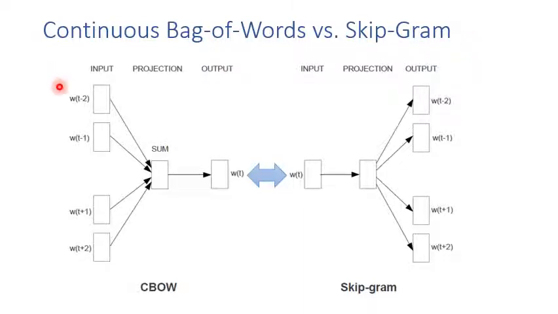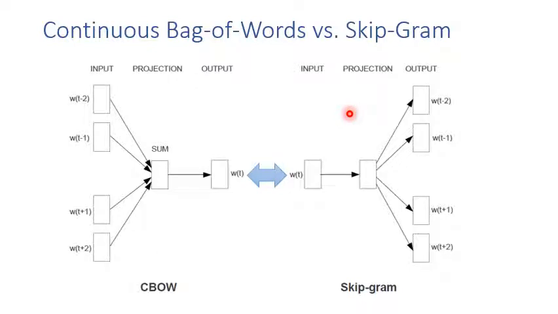Let's look at the continuous bag of words. This is the continuous bag of words method. Continuous bag of words uses the neighbor words before or after the target. This is my target. In this case, we use two words before our target word and two words after our target word to predict the target word.